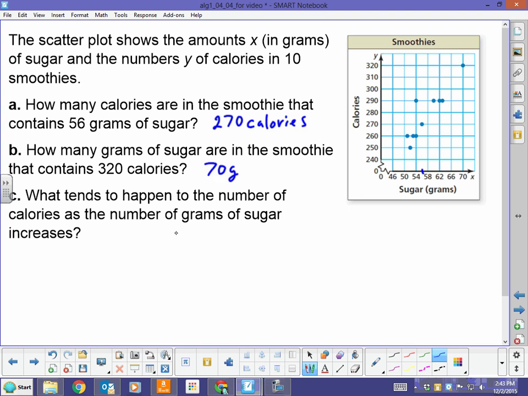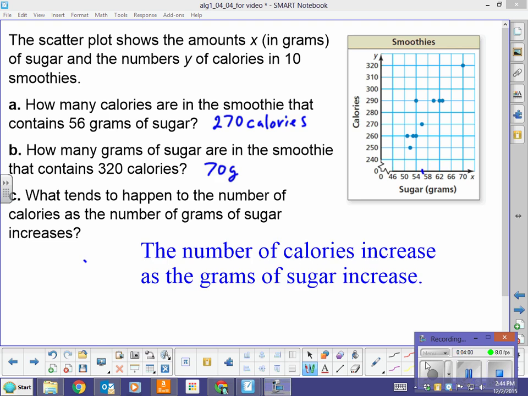So what tends to happen? The number of calories increase as the number of grams of sugar increase.